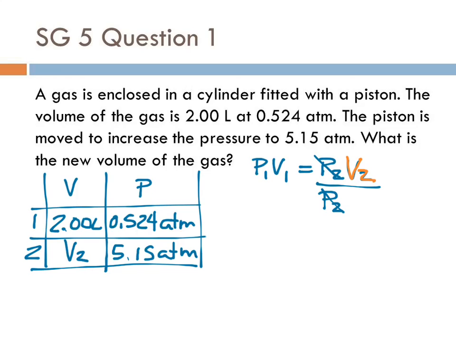That's great, but if we do that to one side of the equation, we have to do it to the other side. So that's how we get our rearranged equation. So V2, we're just going to rewrite the equation so that it's not so messy: V2 equals P1 V1 over P2.